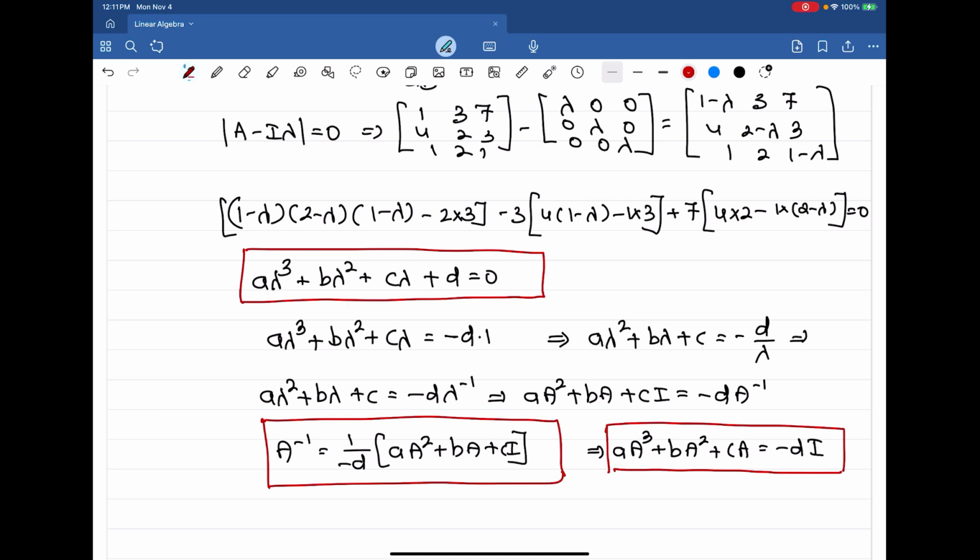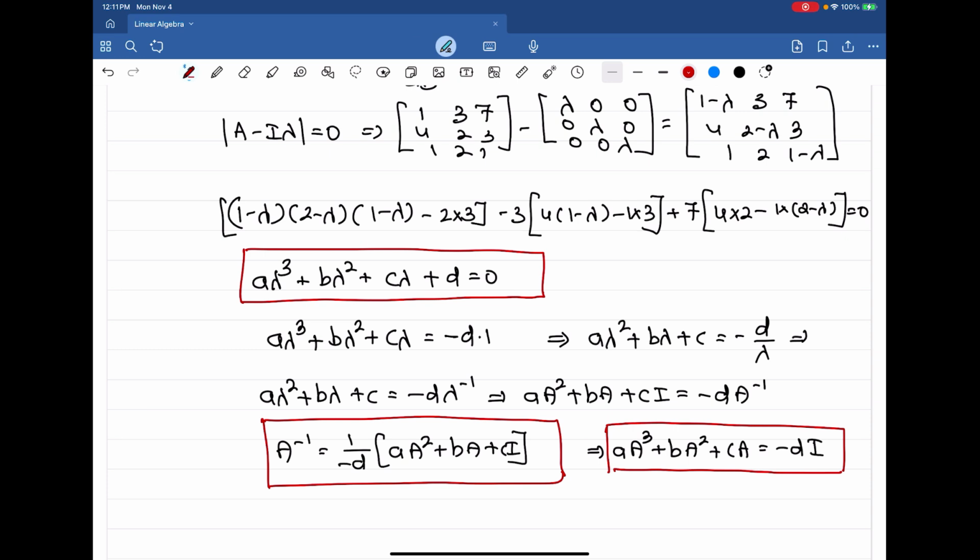And when they ask you to find this value, you just see the characteristic equation. If it can be converted into this form, take the last value, the D value, and multiply that minus D value with the unit matrix, and that will be the answer. This is how the polynomials of matrices can be solved.